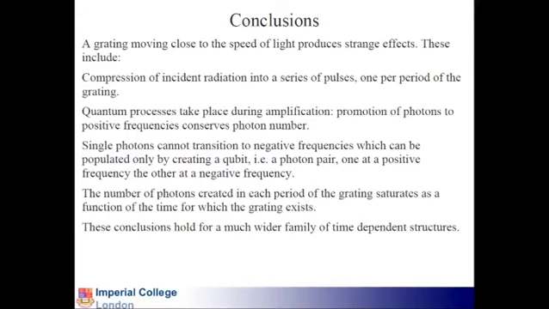Quantum processes take place during amplification. Promotion of photons to positive frequencies conserves photon numbers. And when you get a transition to a negative frequency, that happens by creation of pairs. So a photon itself never goes to a negative frequency. It merely acquires another partner and then a matching partner at negative frequencies.